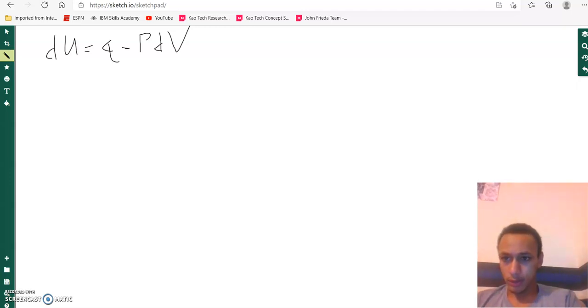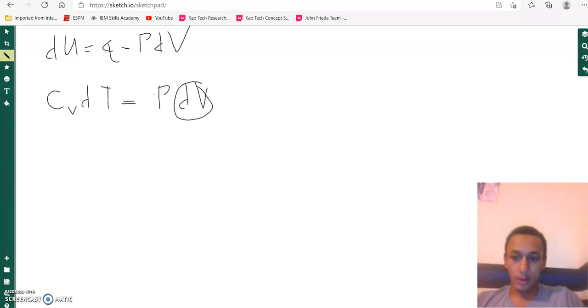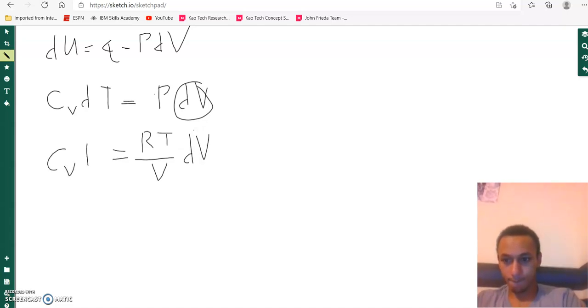Once you substitute this in, you should get CV dT is equal to, that's a 0, minus PdV, where dV is a specific volume. And then we can substitute the P for RT over V. And now we can just set each of both sides.